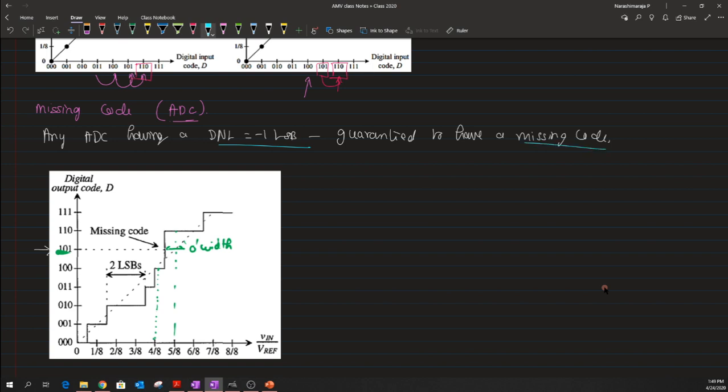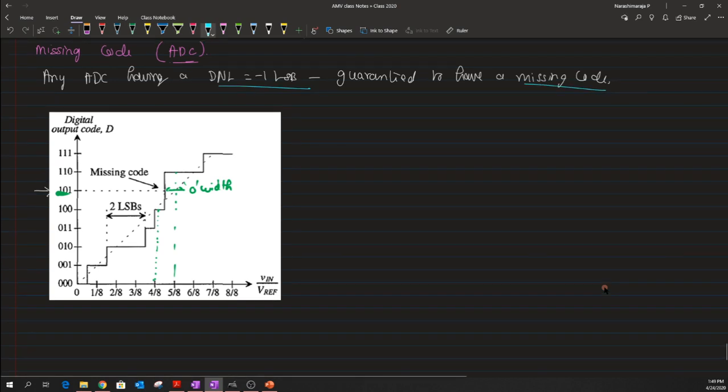The phenomenon could be demonstrated with the following transfer function, where you can see the step width for the code 101, whenever the input falls between 4 by 8 to 5 by 8.